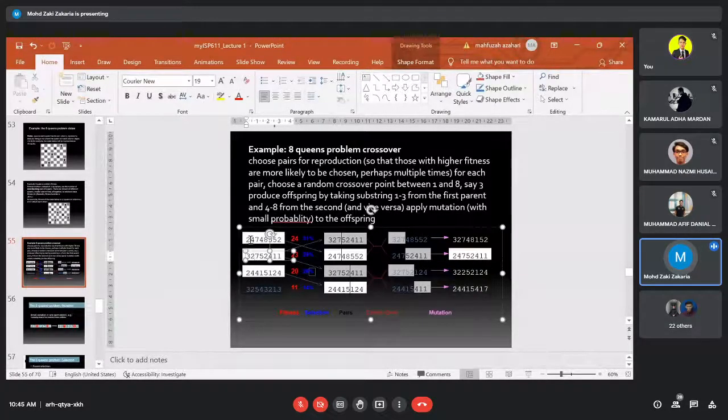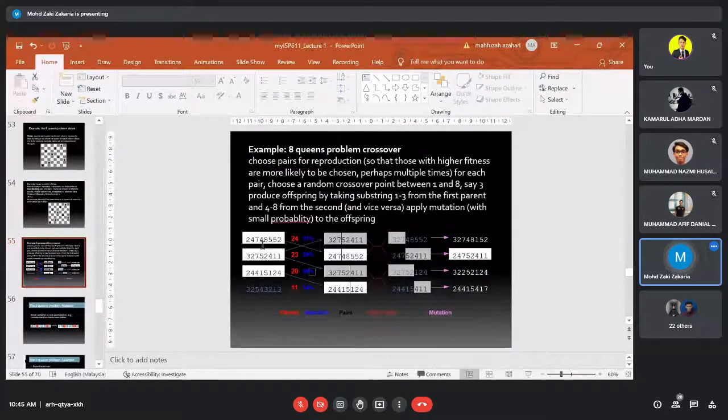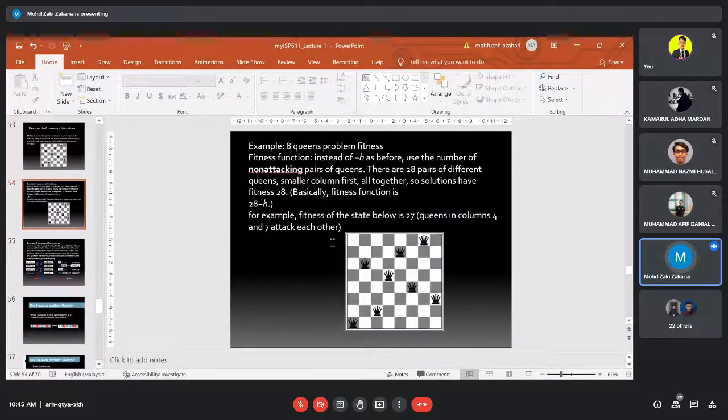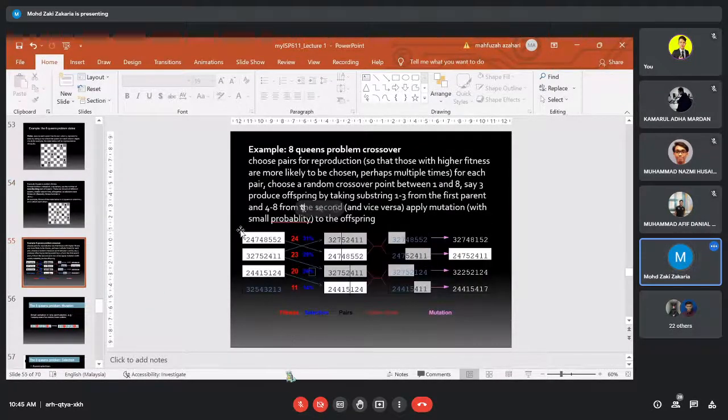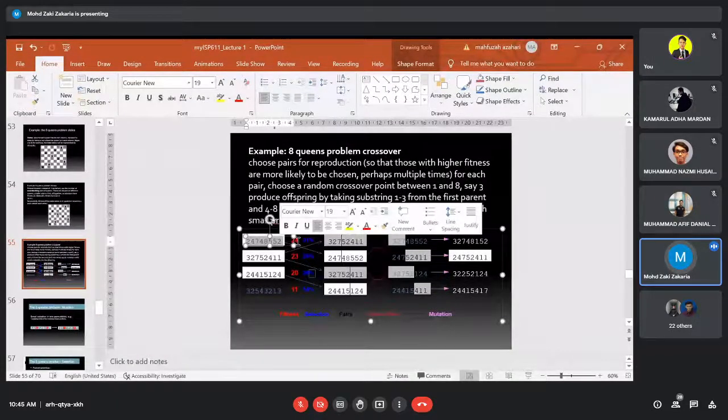So you draw again yang 2 4 7 4 semua ni, you draw like this, then you calculate the queen attacking each other, berapa banyak. So we have 4 based on this diagram or figure. So that's why 28 minus 4 equal to 24 kat sini.